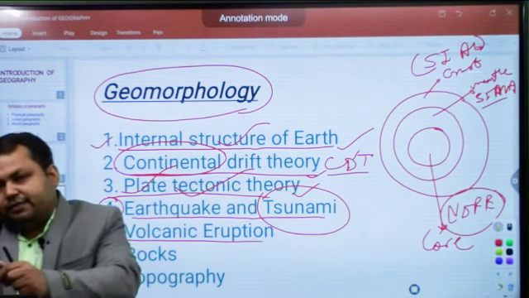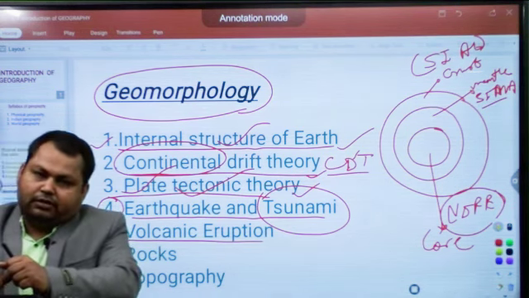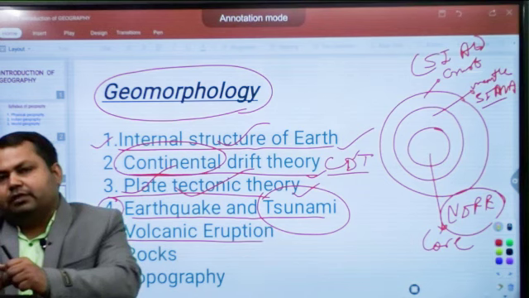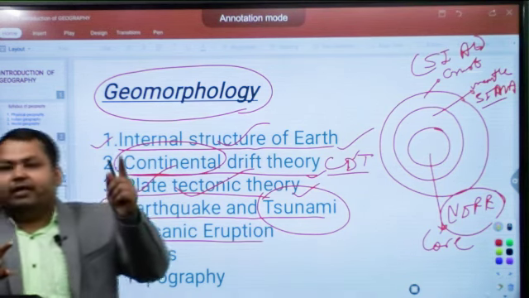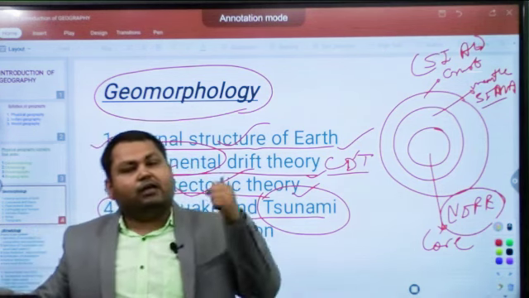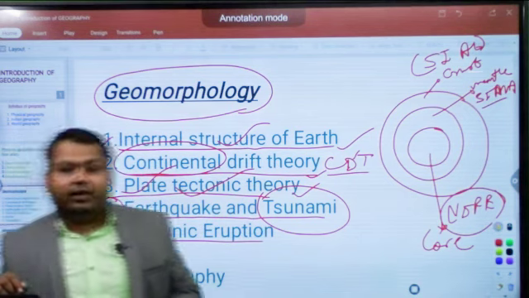That is called volcanic eruption. And the main cause of volcanic eruption is the internal force. Right? So, the internal force is responsible for the occurrence of volcanic eruption too.